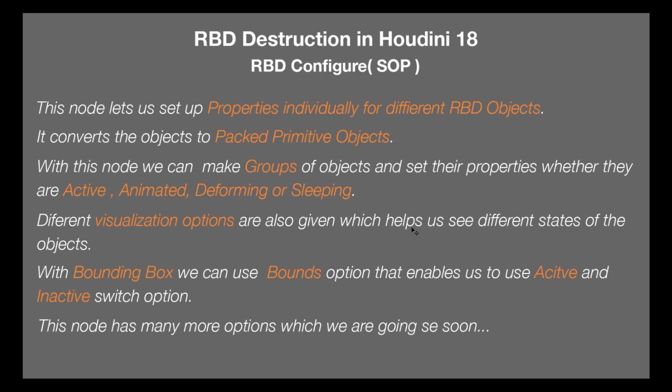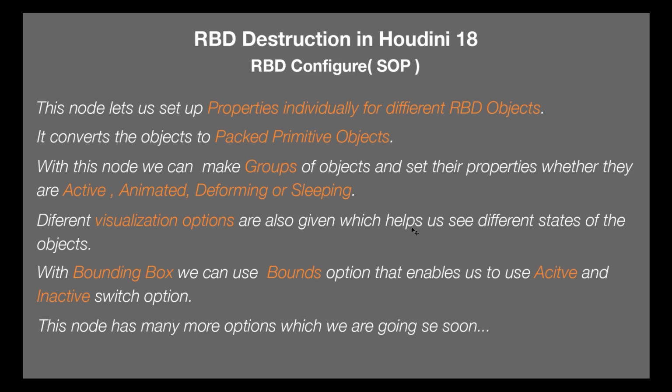Okay, the second thing, we are grouping some part of the body and then make it active and inactive. So the same kind of work this is going to do based on some bounding box, and then one bounce option is given, and along with that a switch is given. So by using the switch we can make some of the chunks active or inactive. So that option, I really like that option.